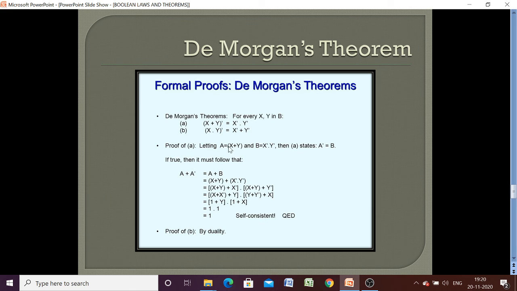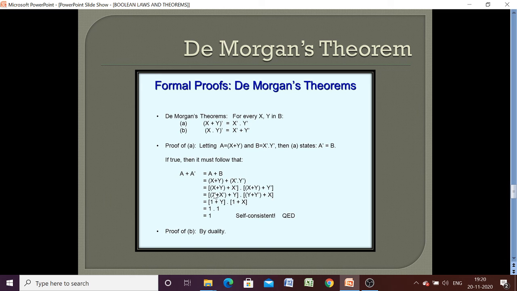Now let us take x plus y as A, and the complement of x plus y as this one, B, because here it is already written that the complement of this is equal to this one. So we have taken complement of A equal to B, that will be x complement dot y complement, and we will start proving whether this results in 1 or not. So A plus A complement. Here we have assumed that A is equal to x plus y, and B is this one.